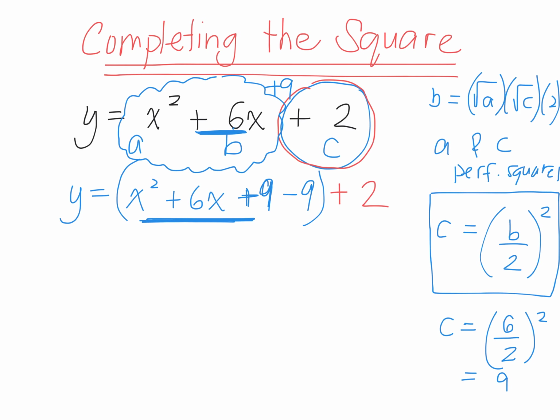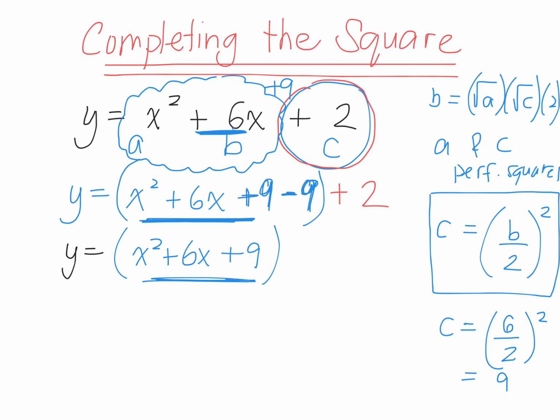Yes. Okay, so I want you to write that. But I want to have my perfect square trinomial to just say x squared plus 6x plus 9, right? I don't want this minus 9. This is what I'm trying to do. I'm trying to create a perfect square trinomial. So I need to remove negative 9 from the bracket. What's in front of the bracket right now?